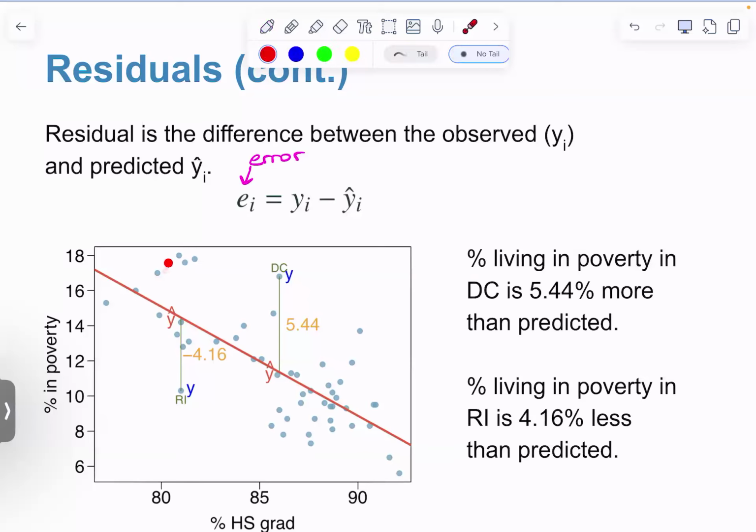Each point in your data set will have some residual, and so that's why we have a subscript i here. We have the error for point number i, where i can be anything from 1 to n.